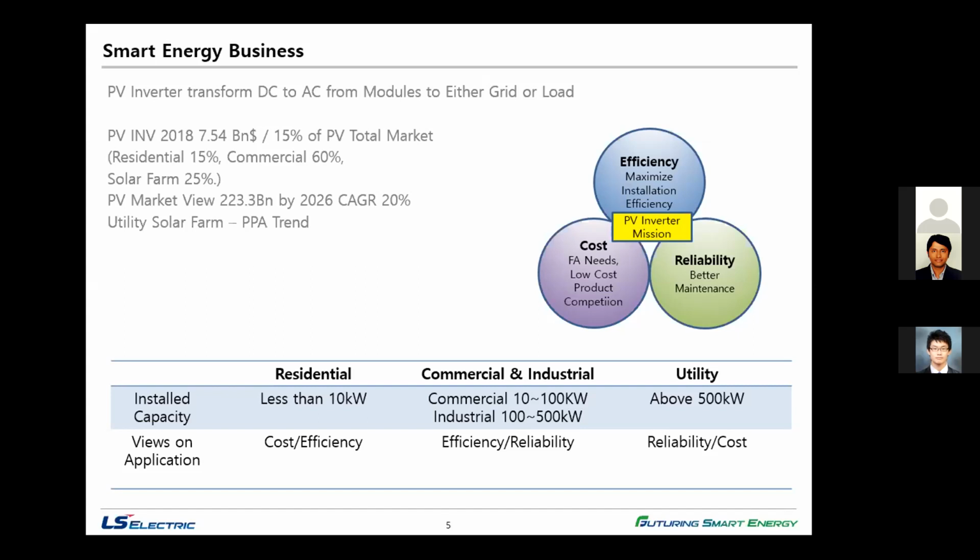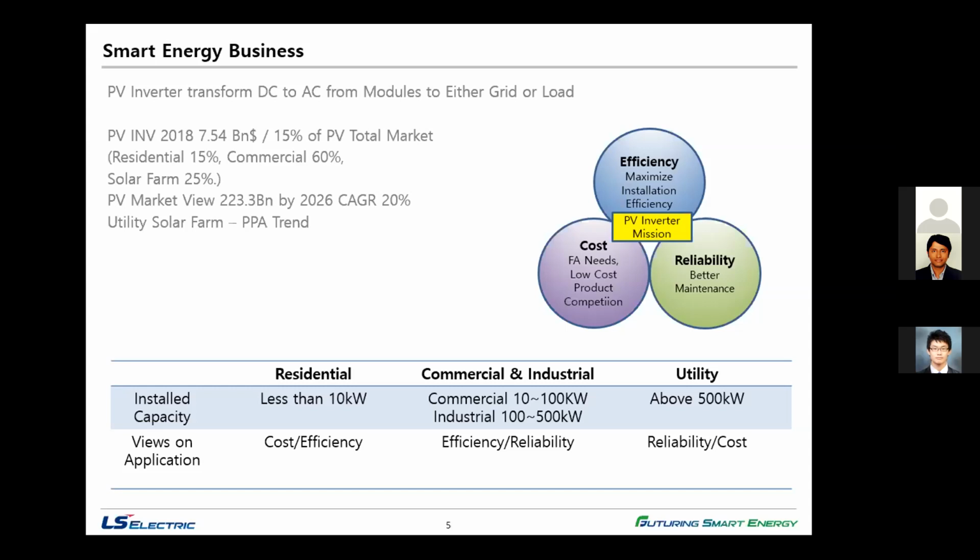So now we can see the PV market is growing because all the countries acknowledge that other sources like coal will decrease. So people are focusing on PV and any renewable resources, and we can expect it will grow until 2026 at a rate of 20% every year to reach 223.3 billion US dollars.